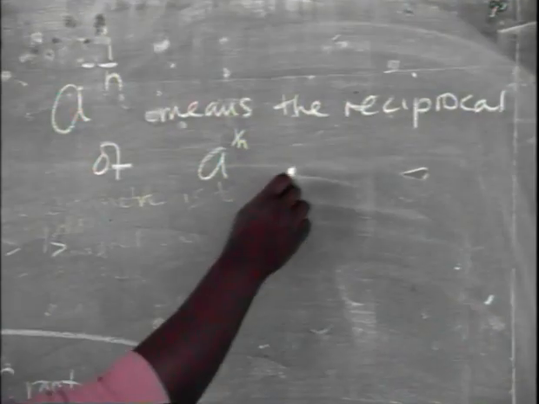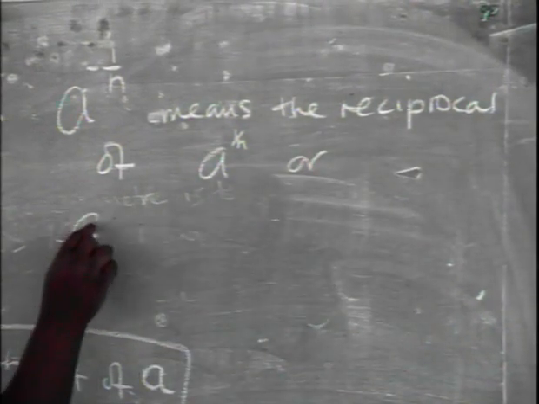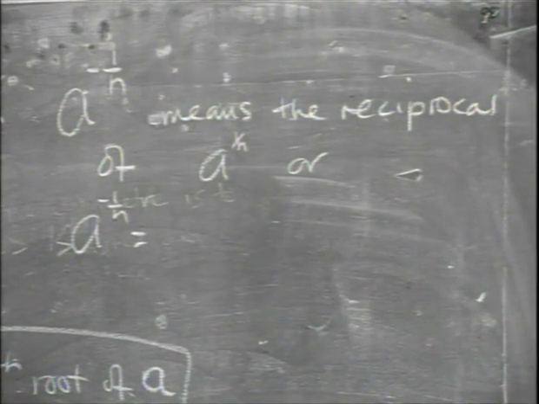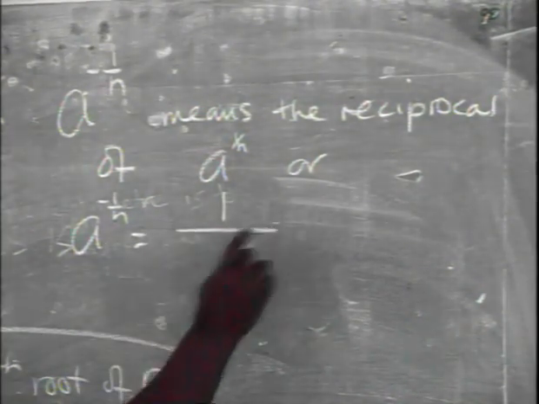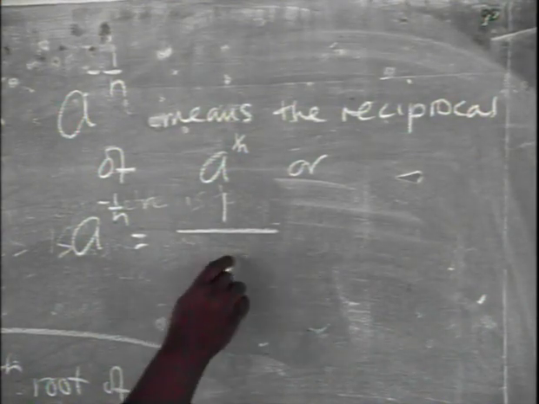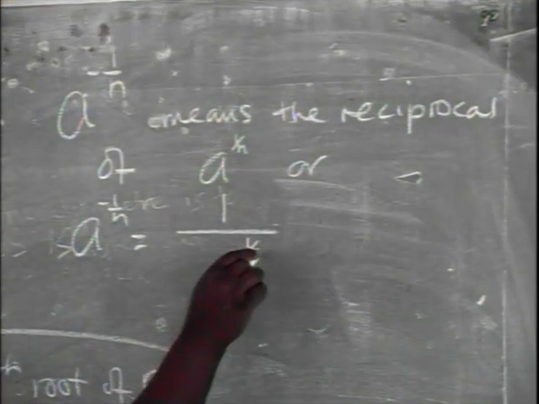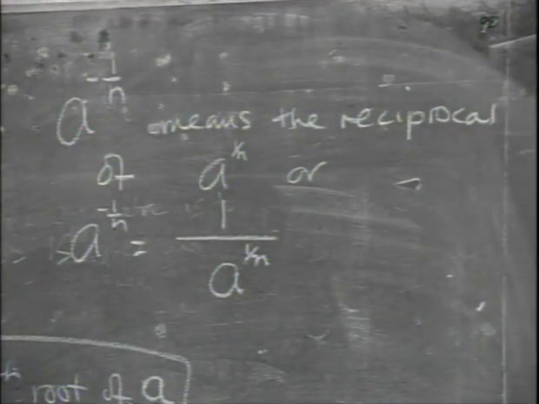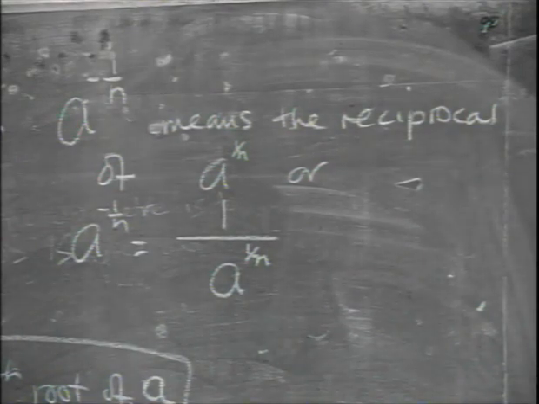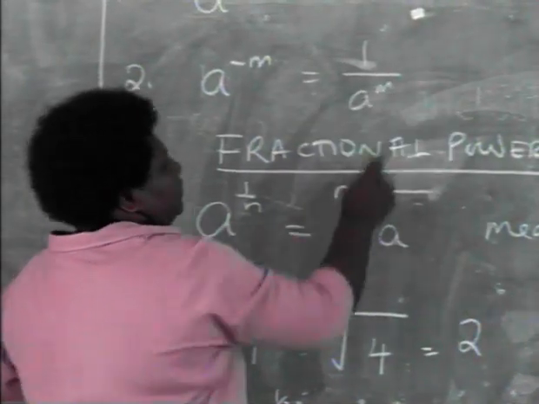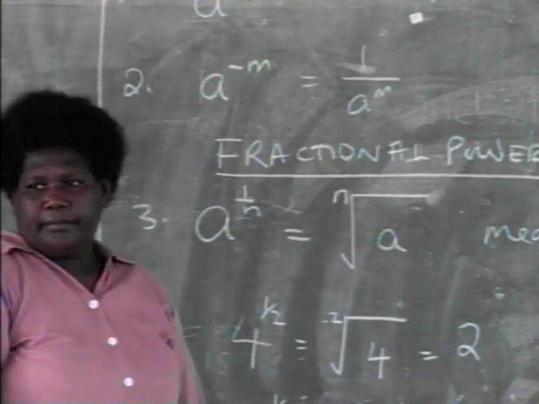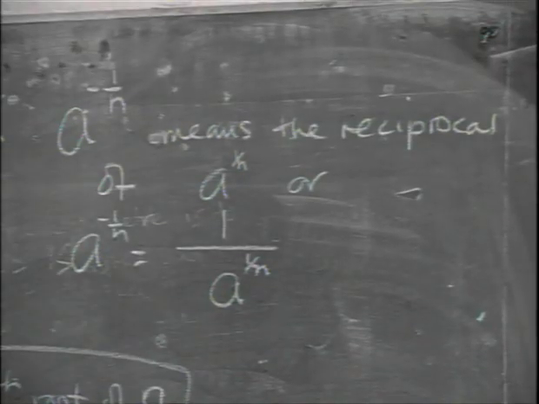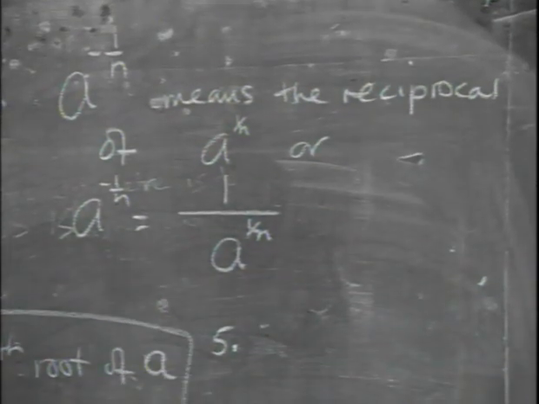Or if you write it with an equal sign, A to the power of minus 1 over n is equal to 1 over A to the power of 1 over n. Remember what negative power means, just like this one means 1 over A to the power of m. Clear?